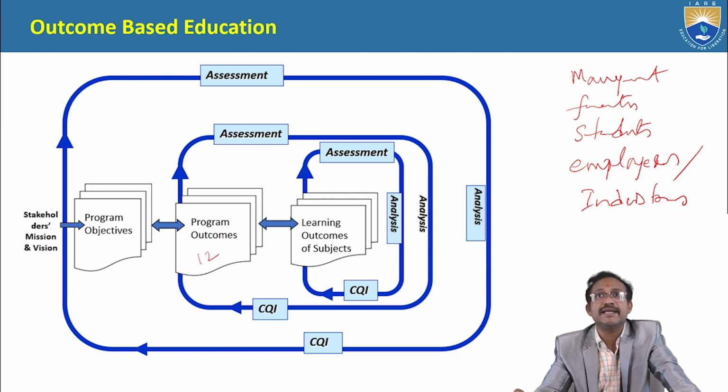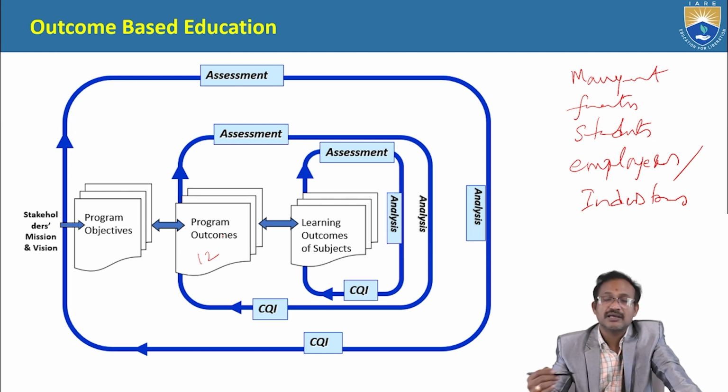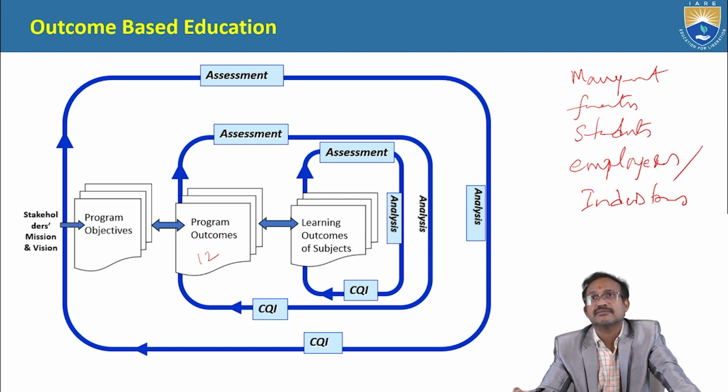These learning outcomes must be assessed and analyzed. After thorough analysis and assessment, these course outcomes must be documented. From these course outcomes, after thorough brainstorming sessions by the faculty members, experienced persons from the industry, and alumni.